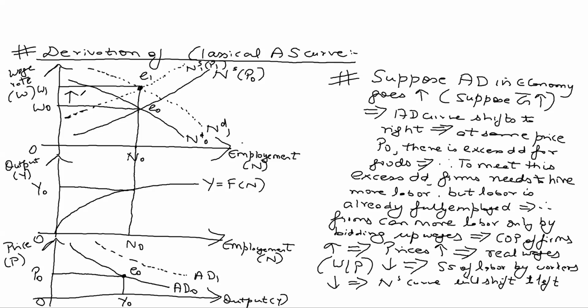That means when the supply curve of labor shifts to the left, the economy will be back to the full employment level, which is N0.